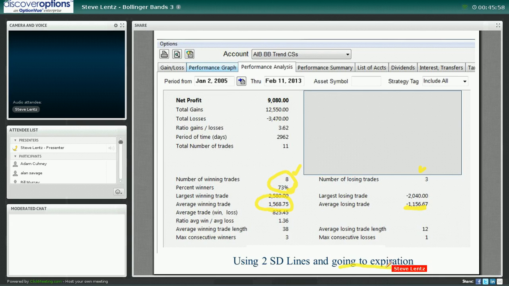Here's the most important statistic. Look at this. If you're letting it go to expiration, the average winning trade length was 38 days. You're putting it on at different times, but if you're letting it go to expiration, you're taking up a lot of time there. The average losing trade length was 12.